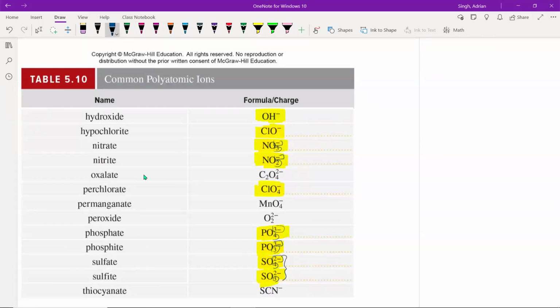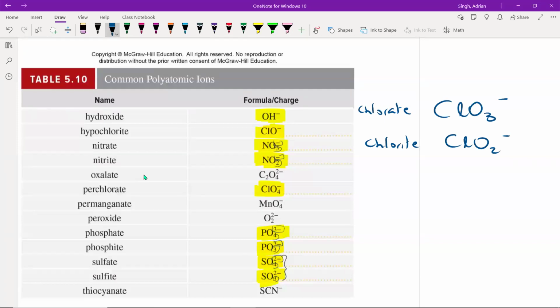So our chlorate, ClO3 with a minus charge. We have chlorite, which has one fewer oxygen, so ClO2, but the charge is still the same.